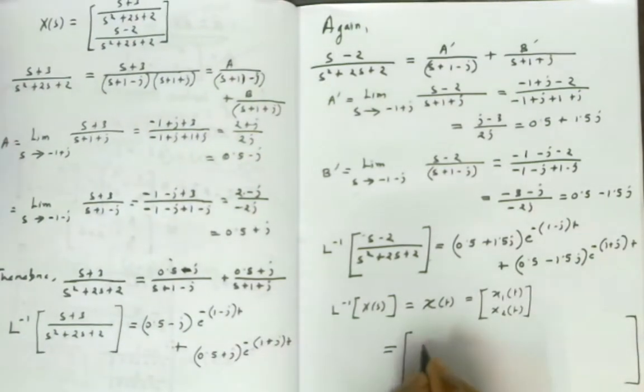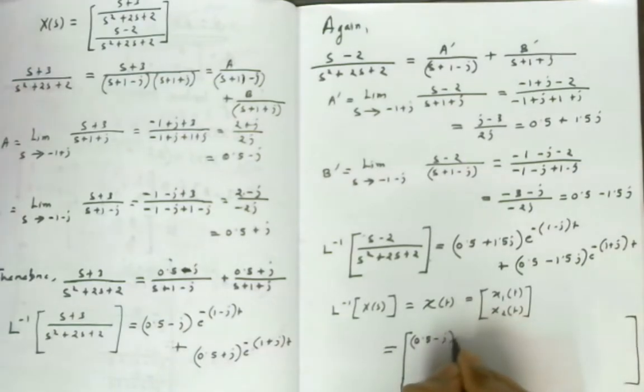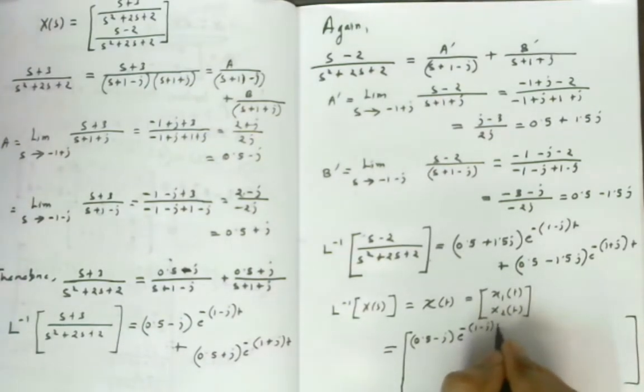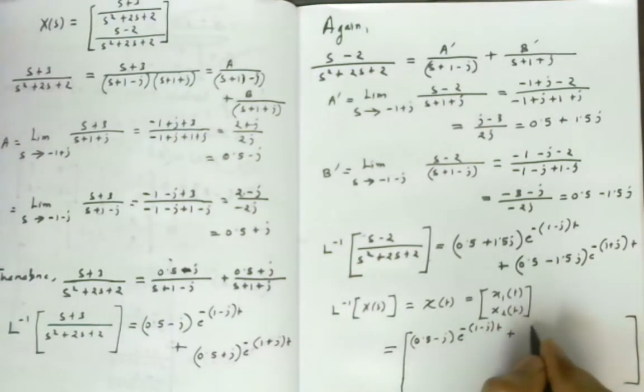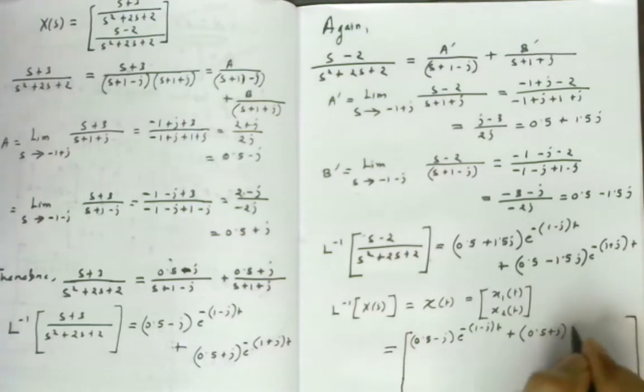Let me write once again: (0.5 minus j) e to the power minus (1 minus j)t plus (0.5 plus j) e to the power minus (1 plus j)t.